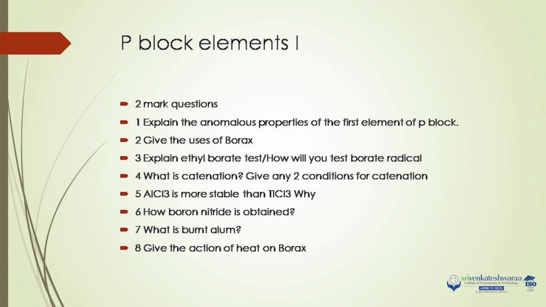Carbon has a tendency for catenation because its valency is 4. If the number of valence electrons is 4, it can neither gain nor lose electrons. It can only share electrons, and hence it forms long chain compounds, which is called catenation.